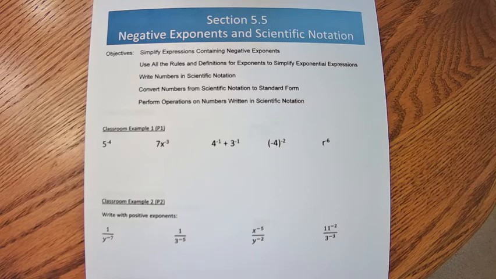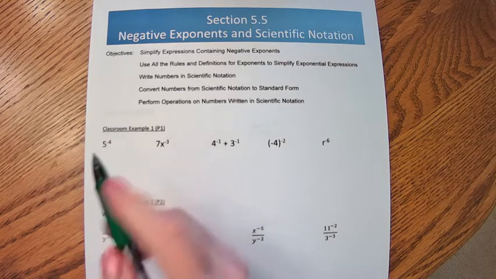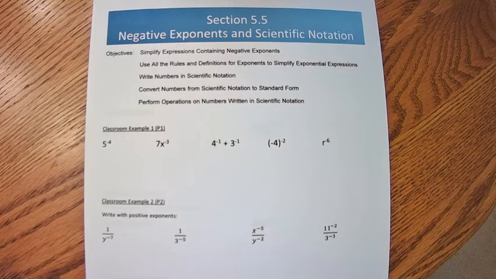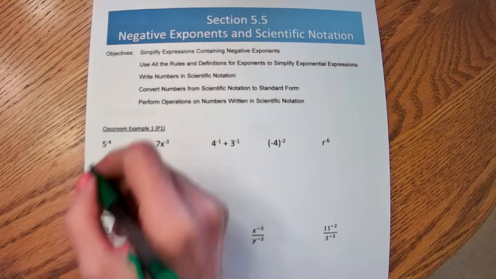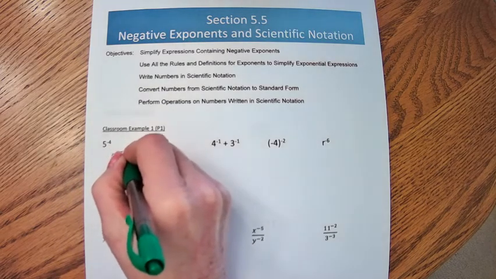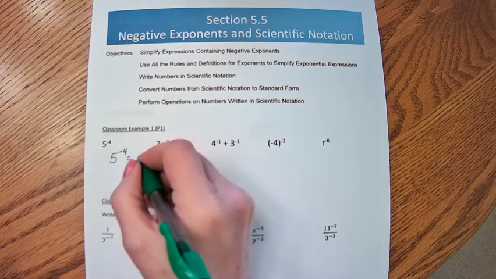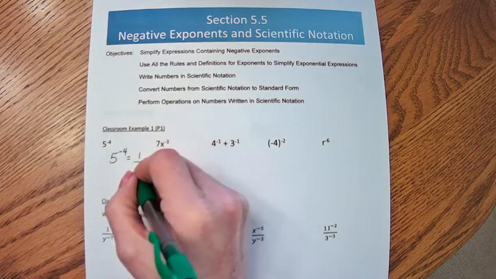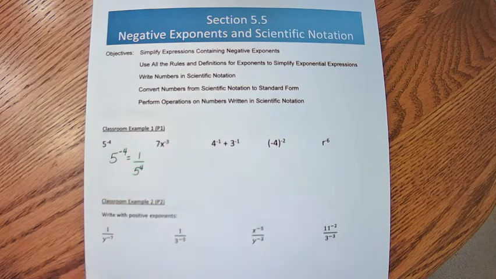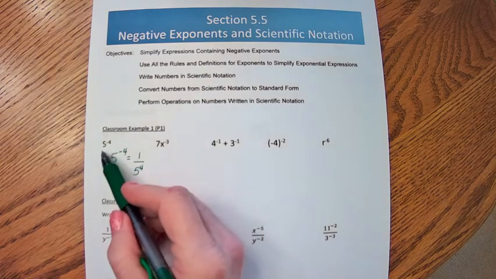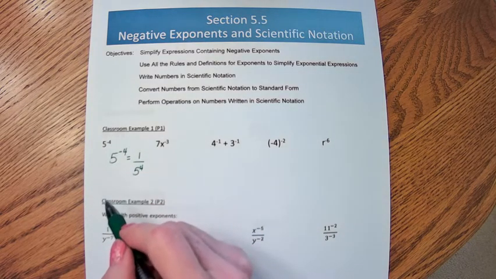So if I have a number raised to a negative exponent, so that's 5 to the negative 4th, I'm going to take what's being raised to the negative exponent, it's in the numerator, and put it in the denominator with a positive exponent. So this is like 5 to the negative 4th over 1.